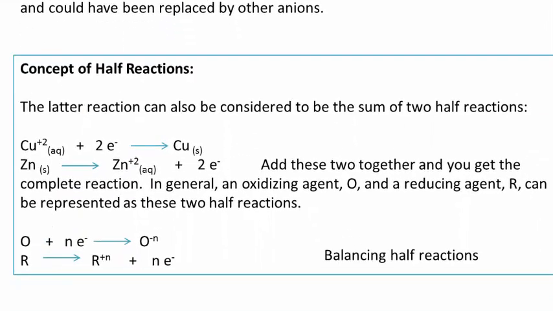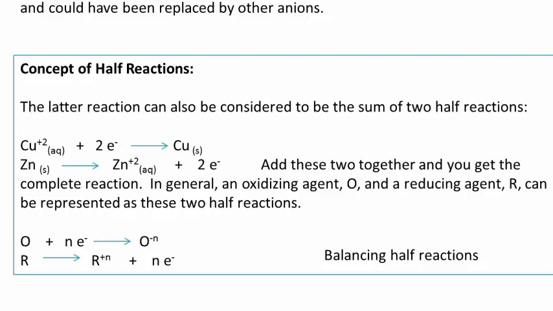Another concept to introduce at this point is the concept of half reactions for redox reactions. This really just applies to redox reactions. So for our latter prototypical redox or oxidation-reduction reaction, we can think about this in terms of two half reactions.